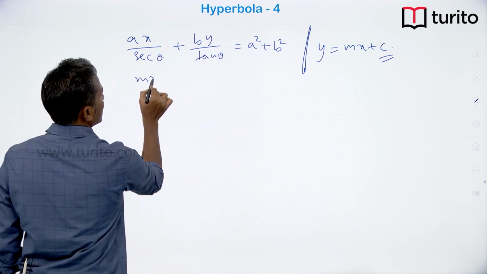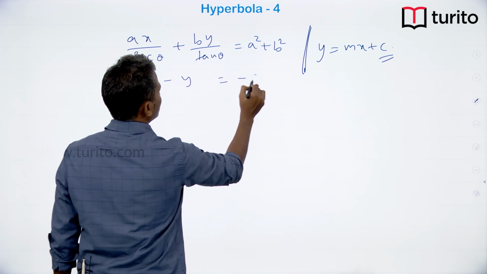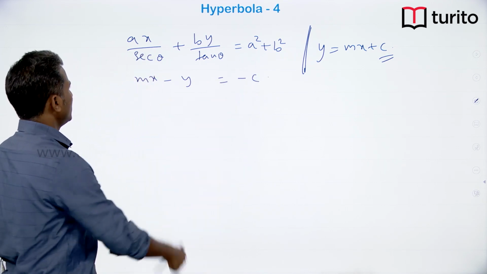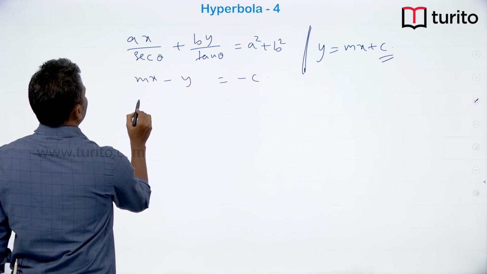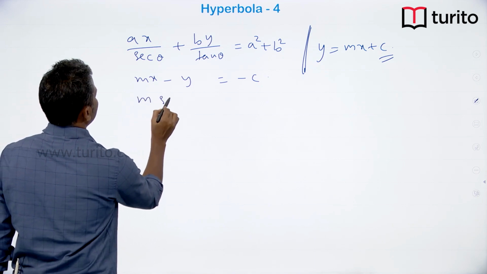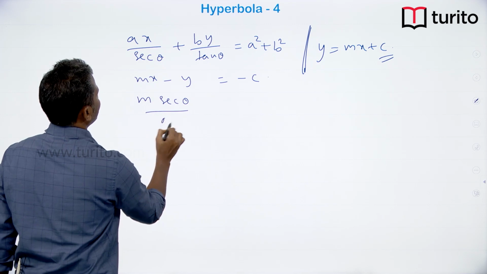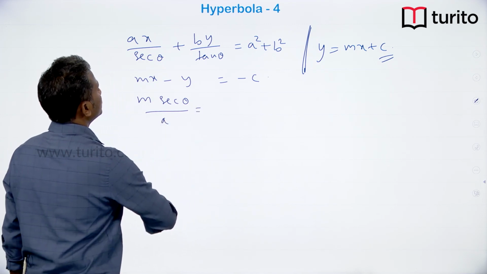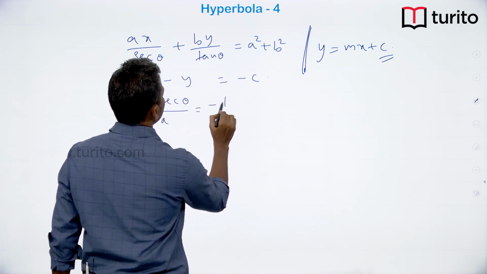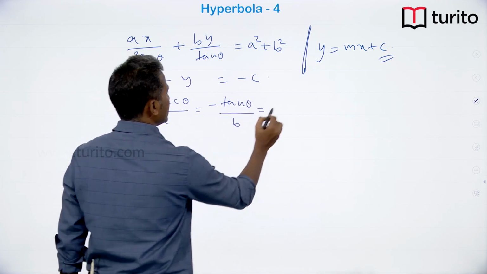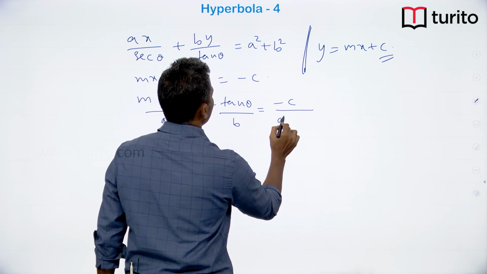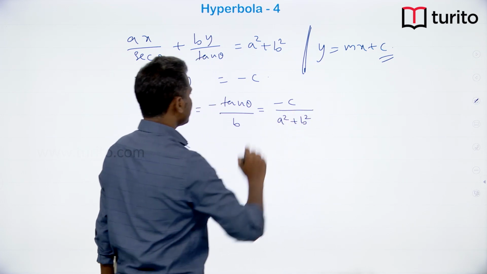So, I can write this as mx minus y equal to minus c. So, let me just compare. I will get m sec theta by a is equal to minus tan theta by b and is equal to minus c by a square plus b square.